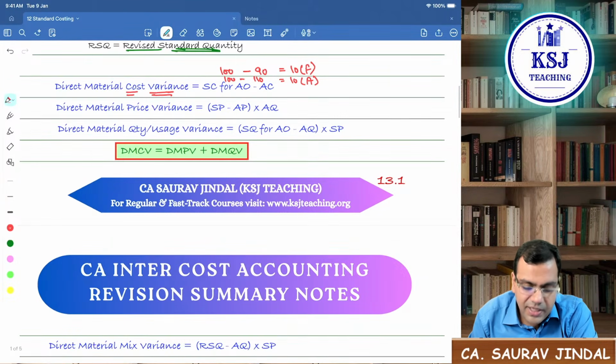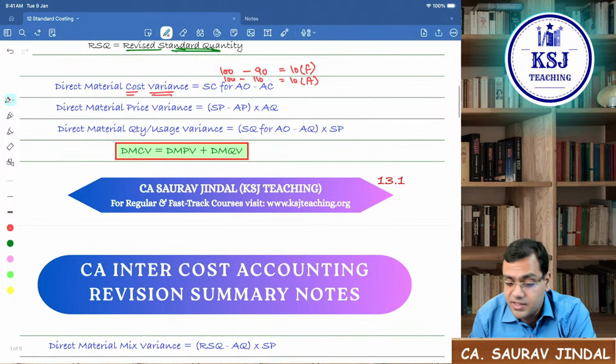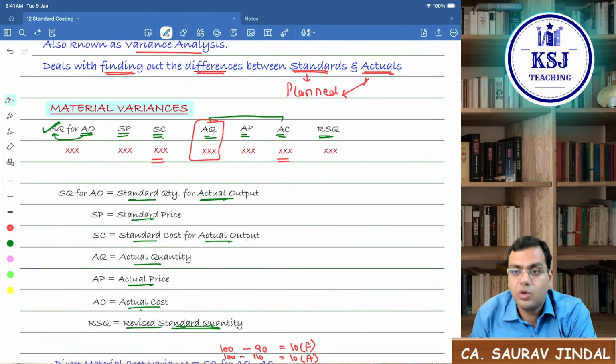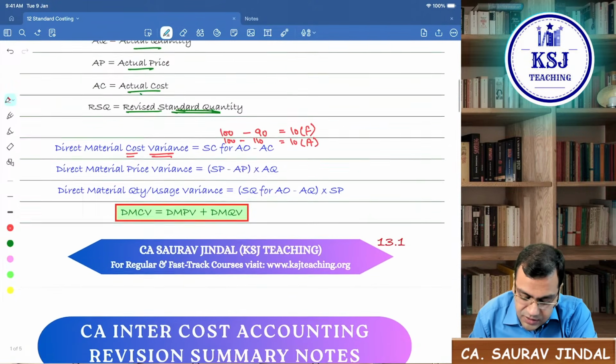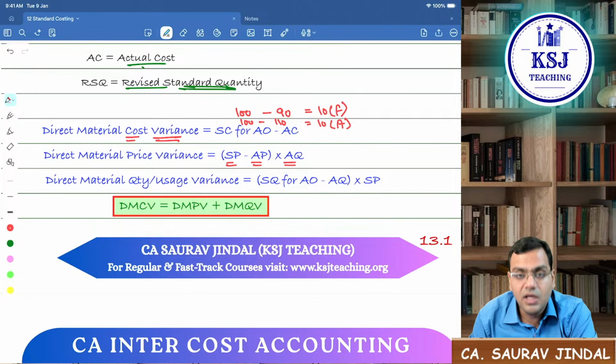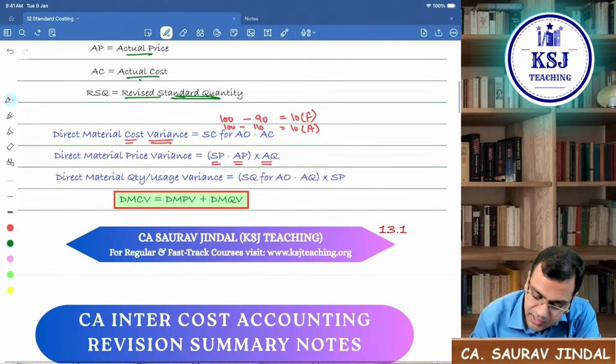So the direct material cost variance is done. Then direct material price variance. Now we say for the actual quantity that you have purchased, what is the difference because of price? Right? So we take price variance as standard price minus actual price into actual quantity. Right? So what is the meaning here?